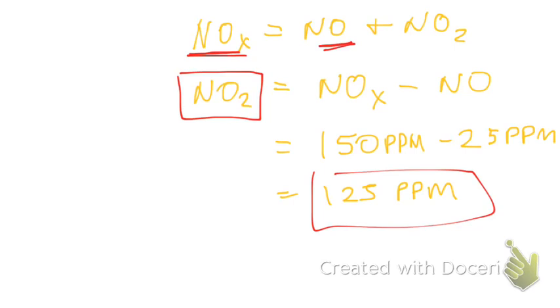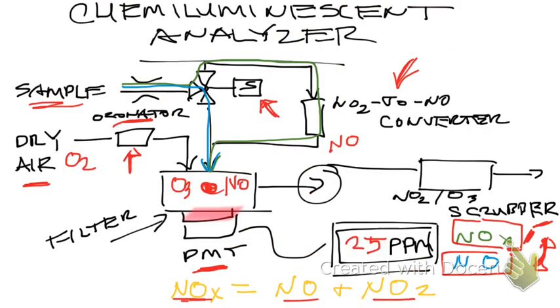So that's what chemiluminescence is used for in process analyzers: to measure those two pollutants. You basically need to know how the analyzer functions, because if I go back over here and look at our analyzer, there's lots of parts.